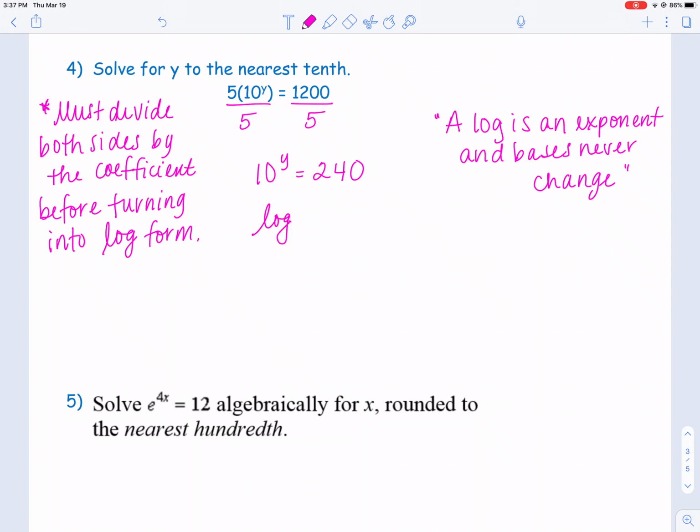Log base 10 of 240 equals your exponent of y. So now you can go right to your calculator and you could do log base 10 of 240. This said round to the nearest tenth. I think you get 2.3802. Again, go right to GeoGebra, and you would simplify that to 2.4 when you round to the nearest tenth.